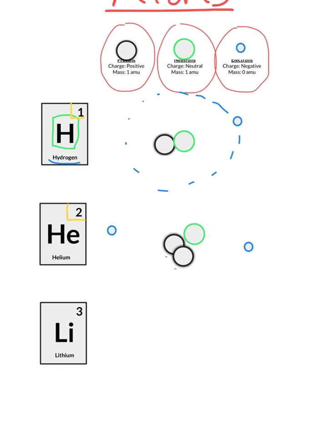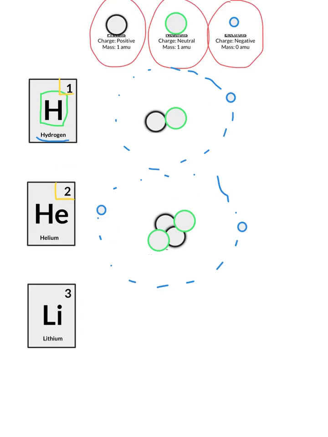So I'll go ahead and copy down 2 neutrons to build our atom. And then I can draw our little electron orbits. And then we've got another atom.